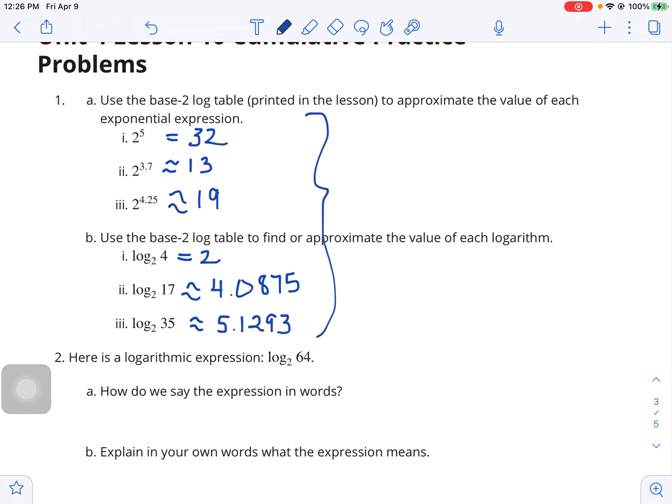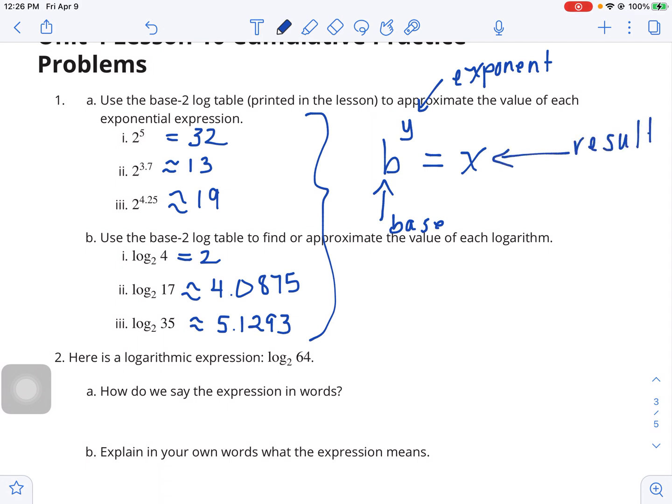Remember, with all of these, to translate from an exponential form to a logarithmic form, we would have a base raised to our exponent. So this is the exponent. This is our base. And our result is x, of taking base b to the y power.